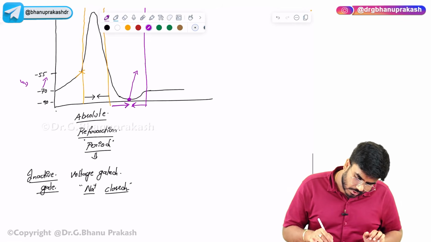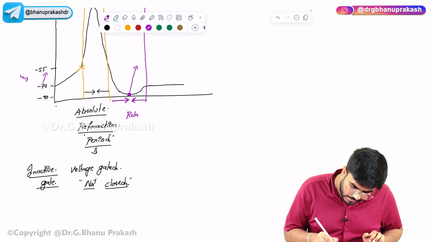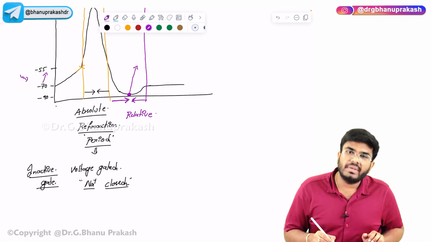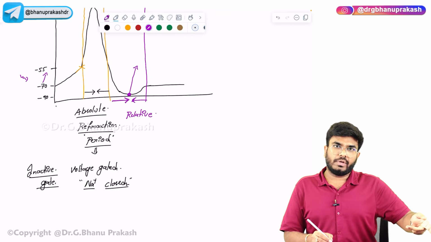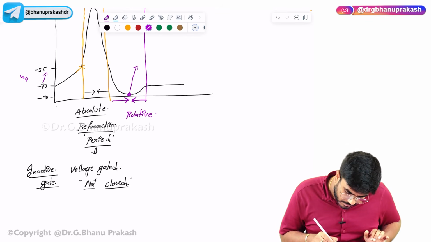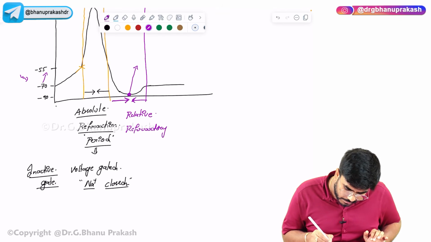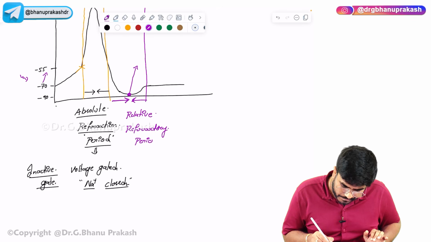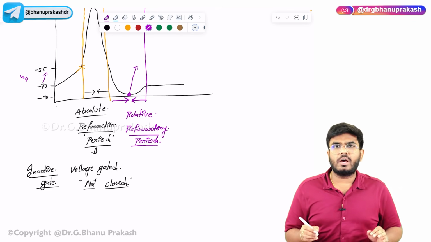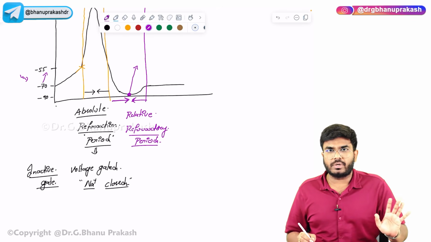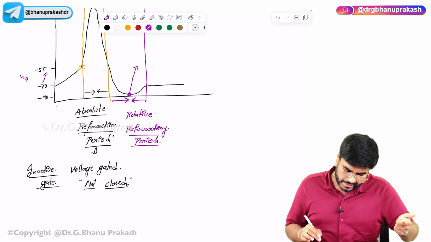So this is called the relative refractory period, relative to normal. Here also it is a refractory period. A normal stimulus is not going to generate an action potential; you have to give extra stimulus.